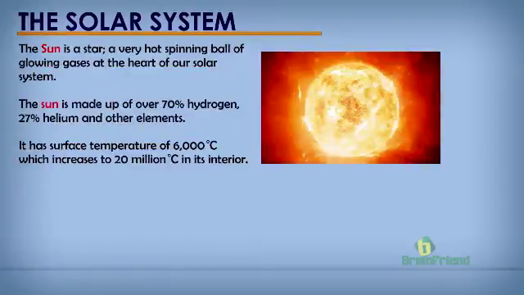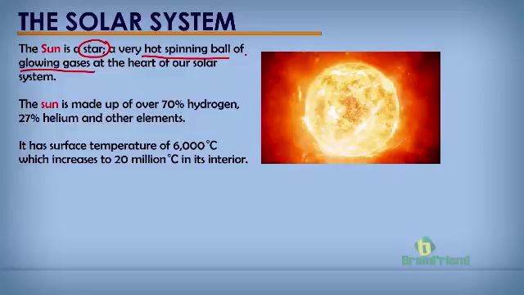The sun, we have said, is the center of the solar system. It is a star, a very hot spinning ball of glowing gas. Gases within the sun, hydrogen and helium, burn and react, giving off heat and light energy. The light energy given off by the sun gets to the Earth in about 8.5 minutes.